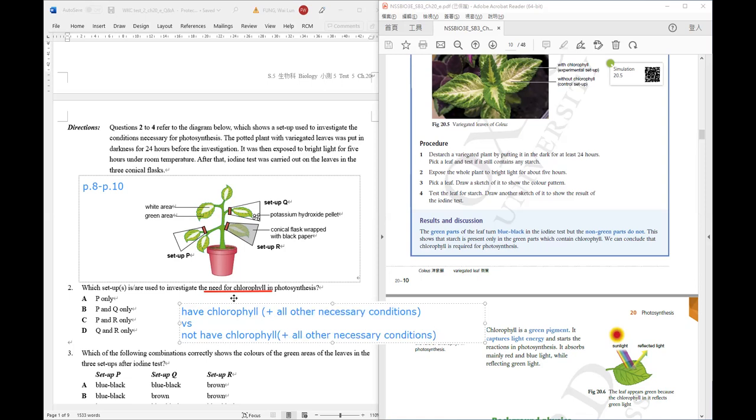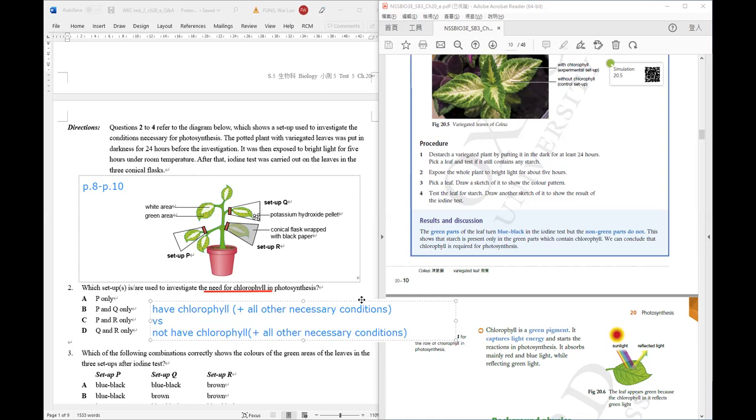Okay, this is the condition that we need to compare.